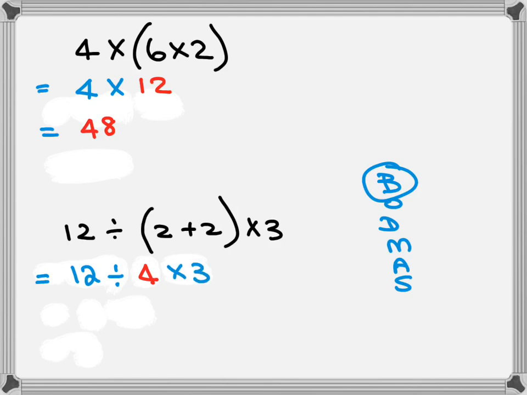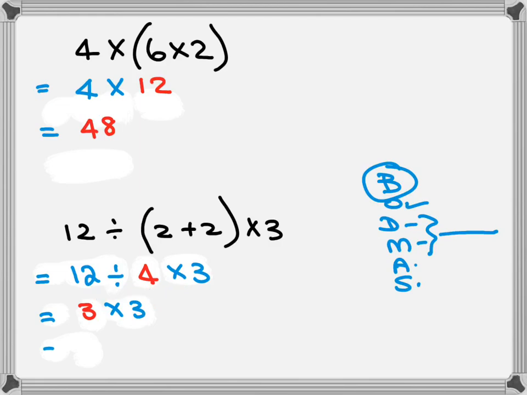Okay. Now we've got no operations. We have got a divide and we've got a times. These ones we do left to right. So the first thing we're going to do then is divide 12 by 4, and that's going to be 3. And then we write the rest of it in, 3 times 3.